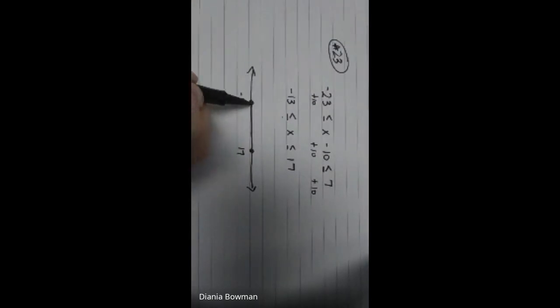So on my number line, it's going to be darker in between negative 13 and 17. So remember that for your circles on your number lines, less than or equal to is a colored in circle, closed. Just less than, open circle.